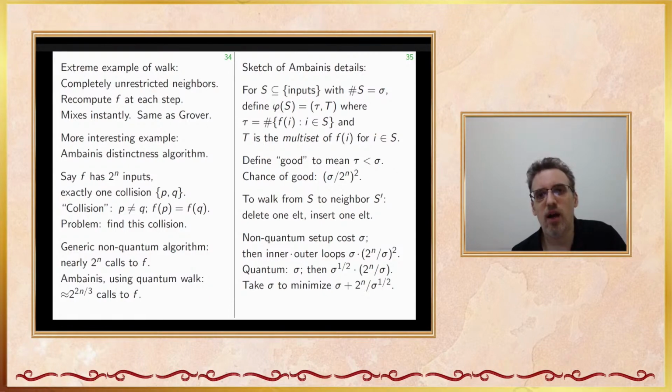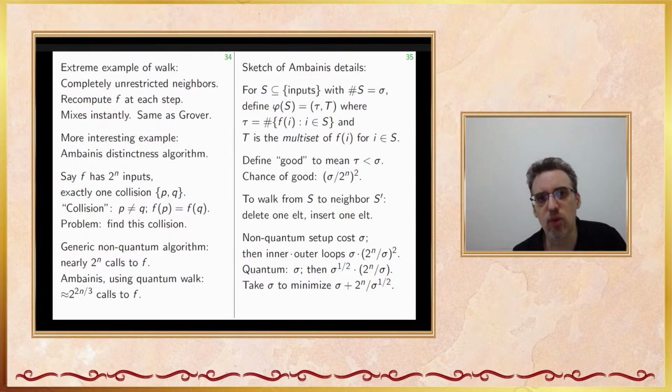All right. To walk from one set S to another, Unbiased says the neighbors are the sets which have sigma minus 1 elements in common with S. So to move from S to a neighbor, you remove an element from S and you insert a new element into S, and that gives you a neighbor.